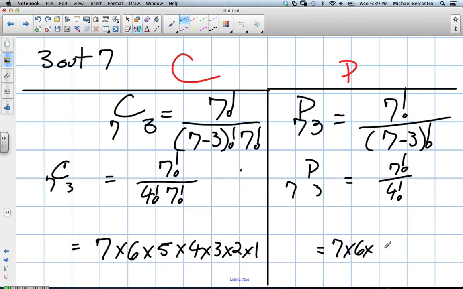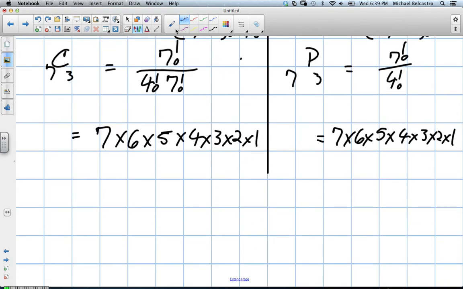It's essentially multiplying all the integers from 7 to 1, right? So when it's divided by something, we're able to make it a simpler question. 4 factorial is from 4 to 1. 4, 3, 2, and 1, right?